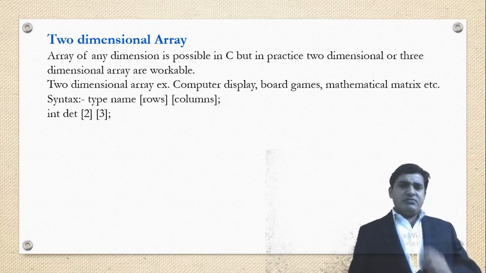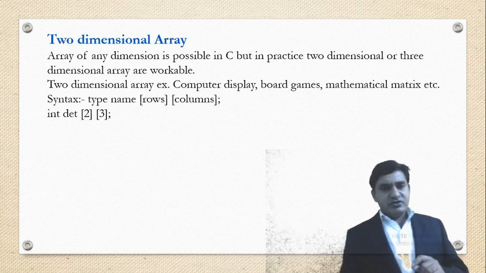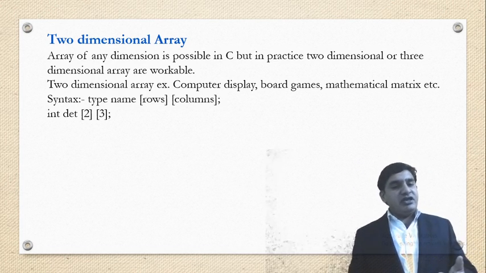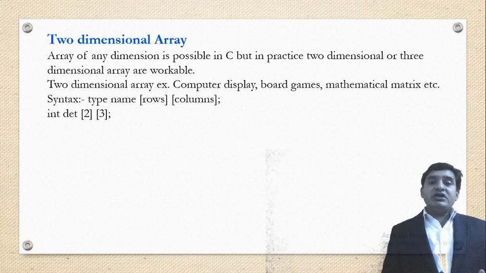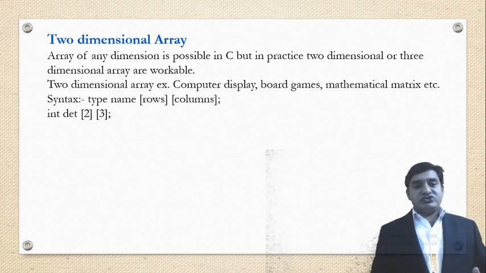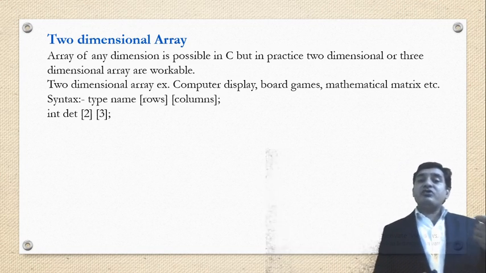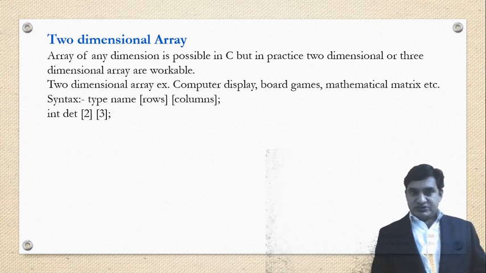Now an example: int, this is a data type. det is the name of a variable. 2 is the number of rows. 3 represents the number of columns.